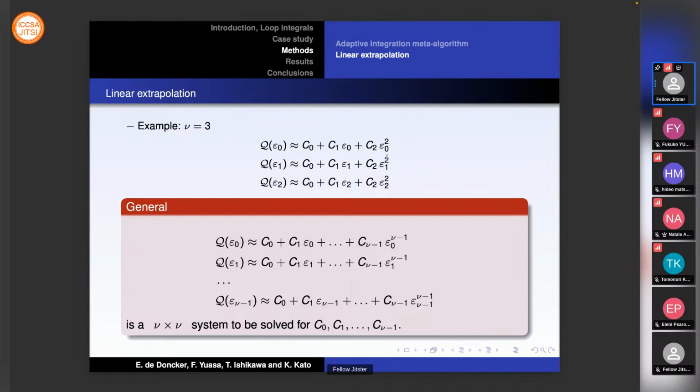Successively, then the order of the system is increased. Here we have a 3-by-3 in C0, C1, C2, and then eventually nu by nu to be solved for C0 through C nu minus 1.